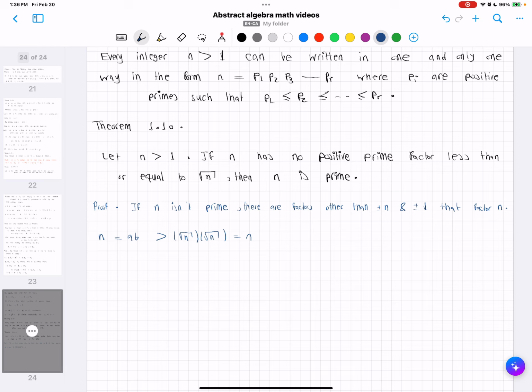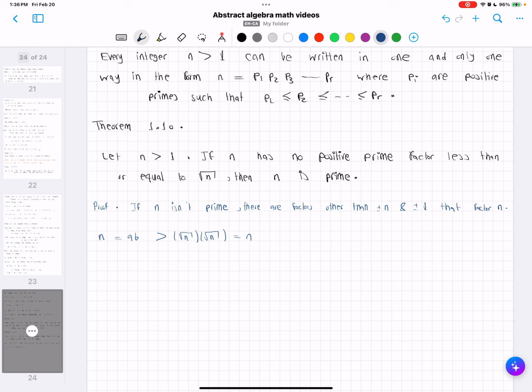So that means every prime factor, in particular every factor that we can cut the number into, is strictly bigger than the square root of n. So their product would be equal to n, and we get a contradiction.